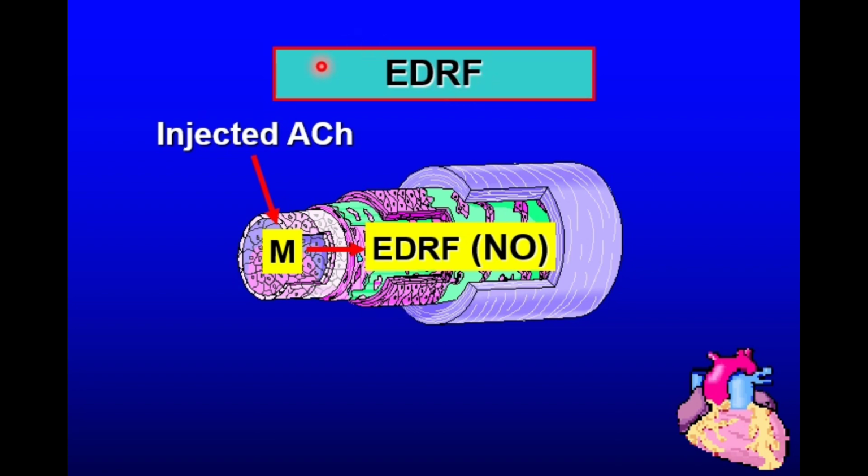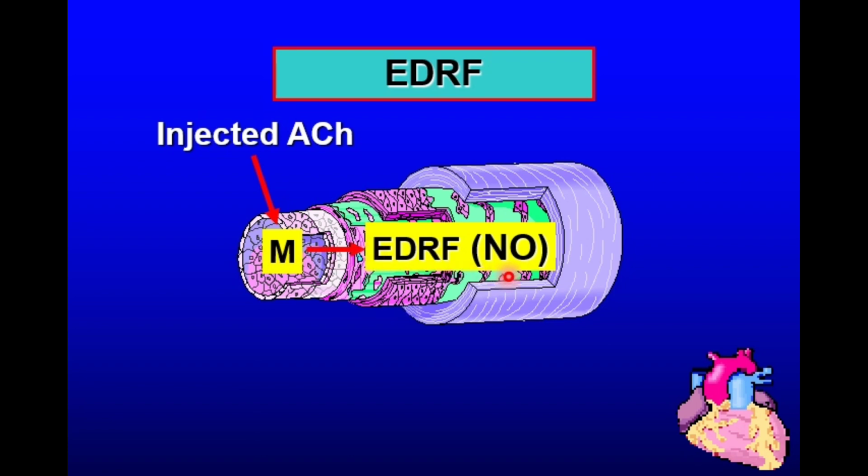Exogenous acetylcholine acts on muscarinic receptors on the endothelium layer to release EDRF. Nowadays, we know that EDRF is mainly nitric oxide, NO.